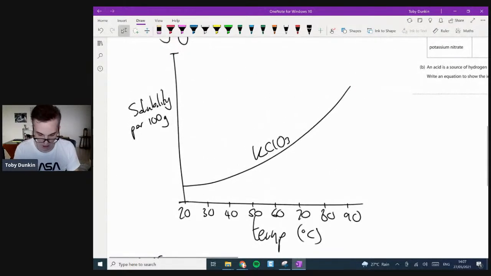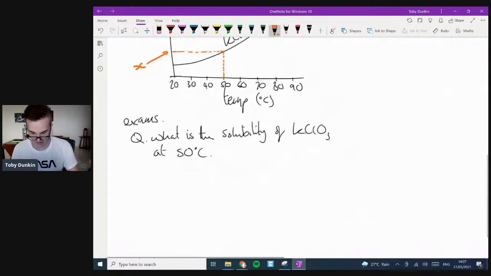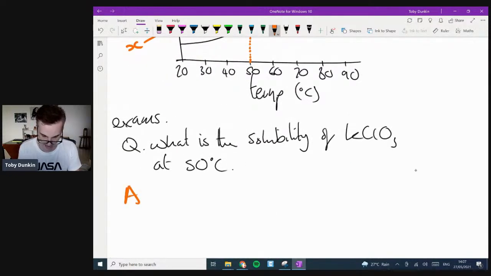Show your working on the graph. So what you do is draw your dotted line, and then another dotted line, and read off the value there as X. And the answer is X, and you've shown your working on the graph. You get both marks. Dead easy.